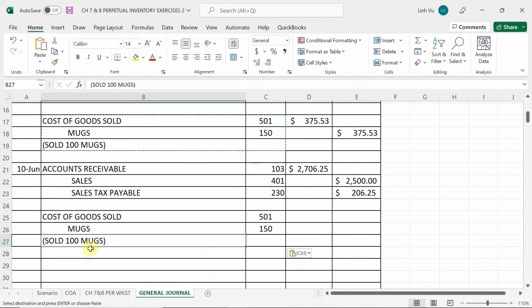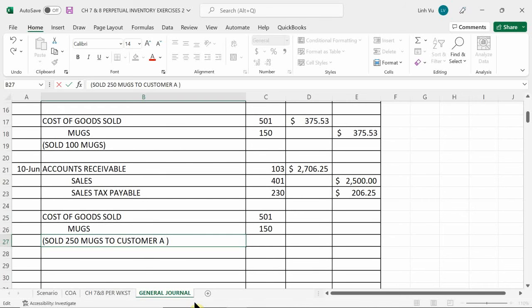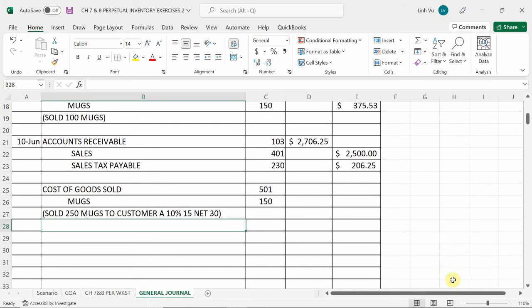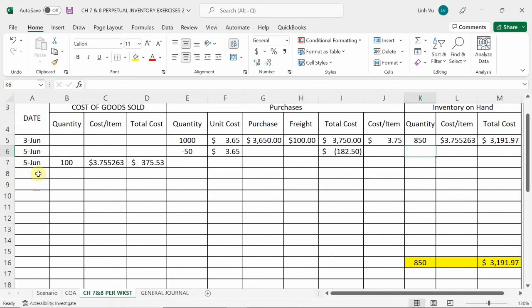Okay, but this time we end up selling 250 mugs to customer A and gave a 10%, 15 net 30. Okay. So now we need to figure out how much my cost of goods sold is by going to my inventory worksheet.